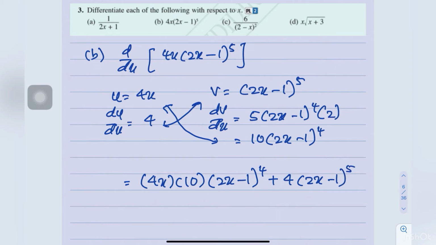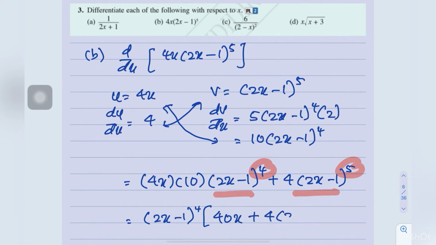Here we factorize. We have (2x minus 1) to the power of 4 and (2x minus 1) to the power of 5, so we move out (2x minus 1) to the power of 4. We open the big bracket, and this becomes 40x plus 4(2x minus 1).